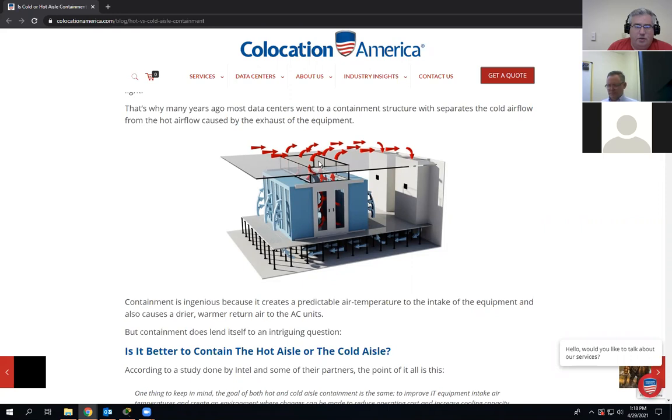They've got a big chimney amongst these rack groups, and then they have doors to seal things off from the hot side so it doesn't mix in with the cold air coming through. So there are different systems for that. That's for traditional data center cooling design.